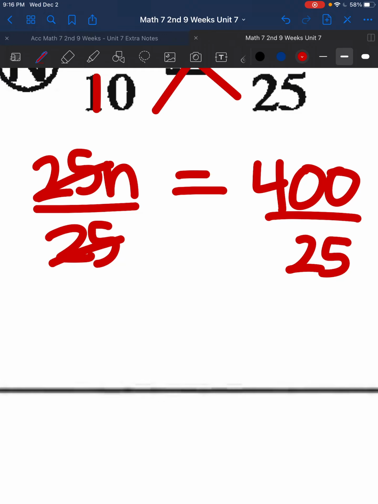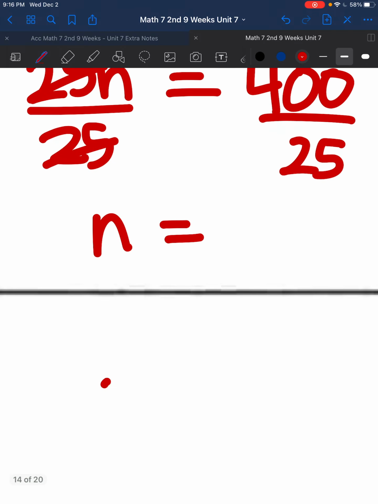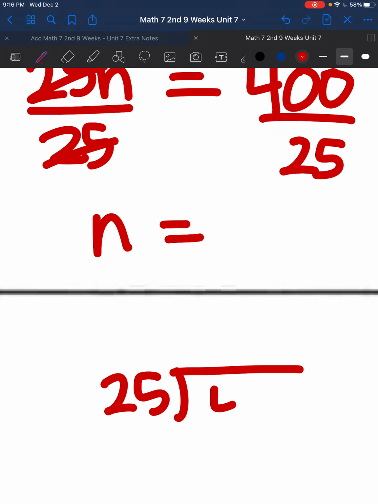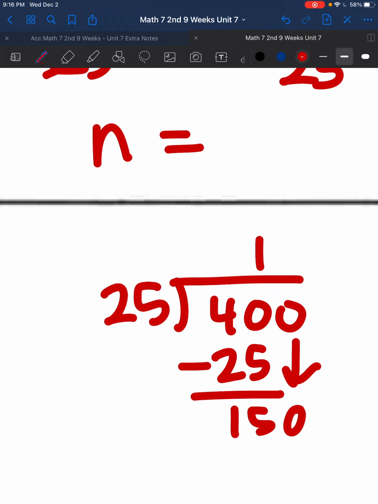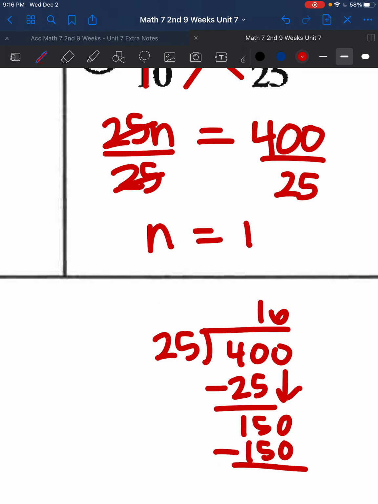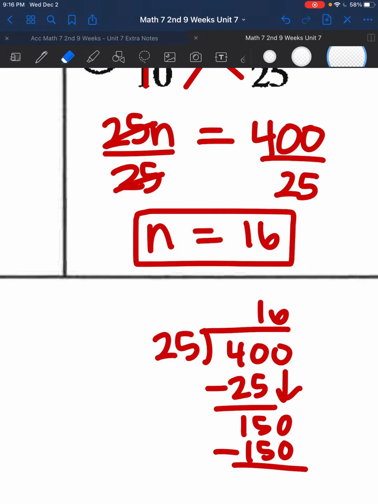And I know that 25 goes into 100 4 times. But this is 25 going into 400. So it should go in 16 times. So let's just check that. 25 goes into 400. 25 goes into 40 one time, which is 25. When I subtract, I get 15, and I'm going to bring down the 0. 25 goes into 150 6 times, and I get 150.